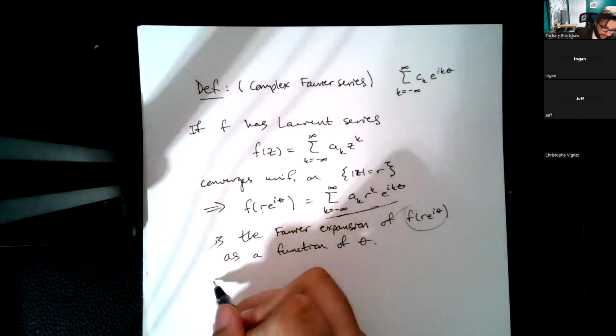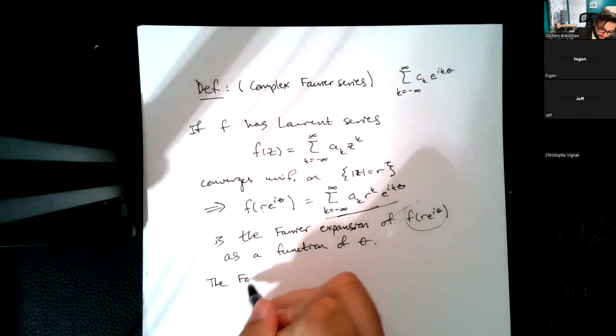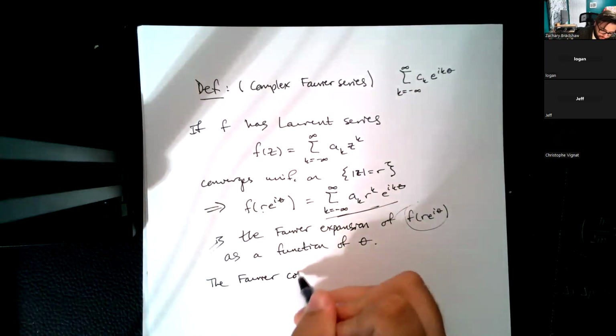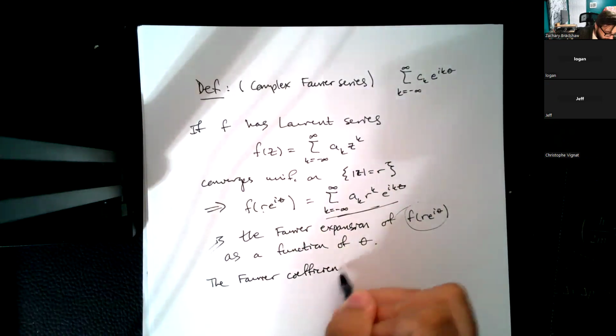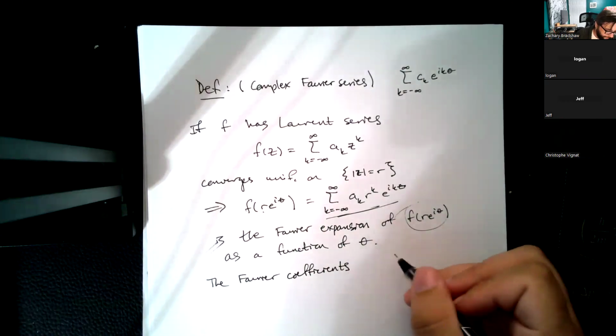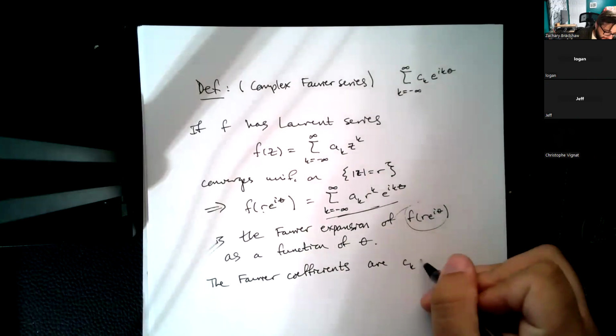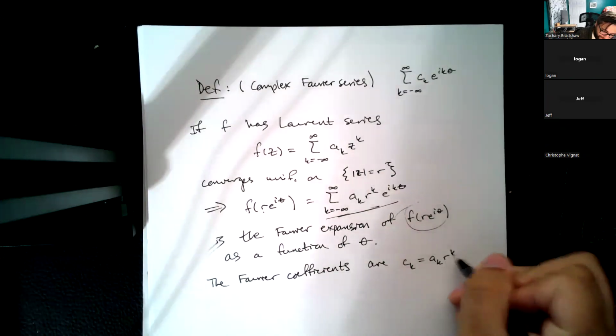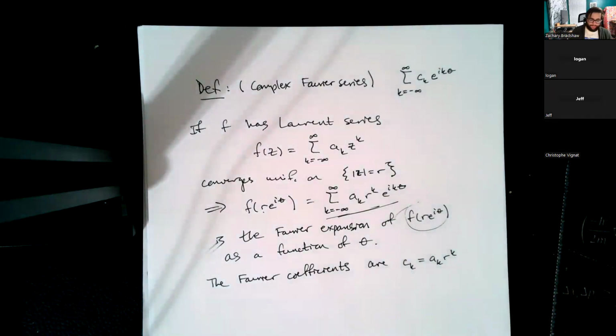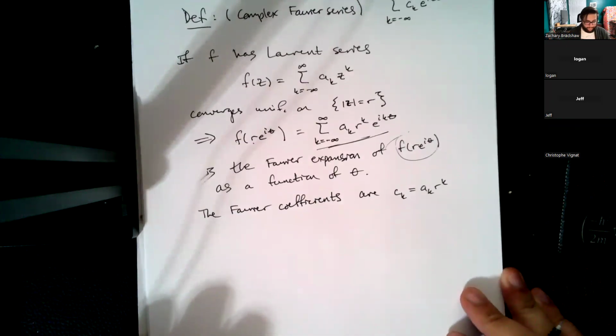Okay, so the Fourier coefficients are c_k equals a_k r to the k, and we'll have something to say about this in a moment.